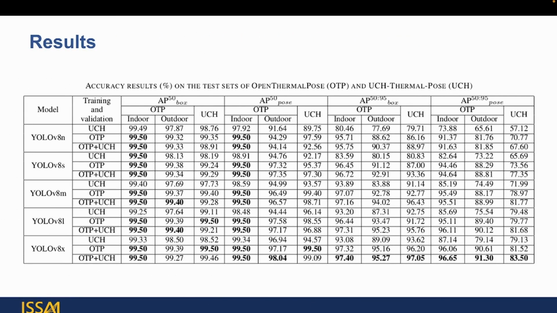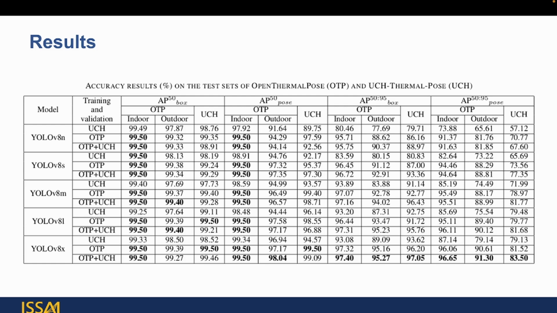We present the accuracy results for the 5 YOLOv8-Pose models across 3 experiments using metrics like AP50 and AP50-95 for bounding boxes and keypoints. Results for the OpenThermalPose dataset are detailed separately for indoor and outdoor environments, with standout performance highlighted in bold.